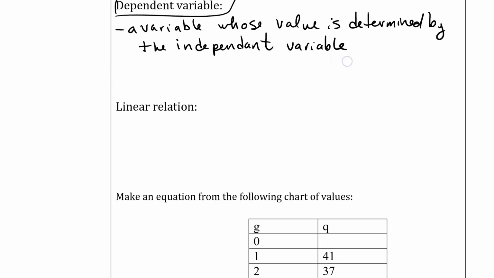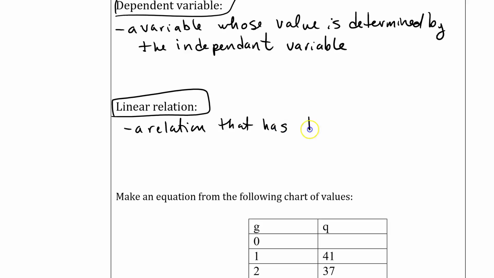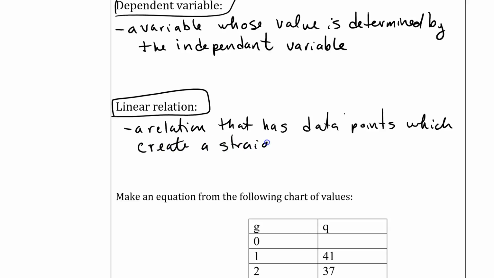And specifically a linear relation is a relation that has data points which create a straight line.